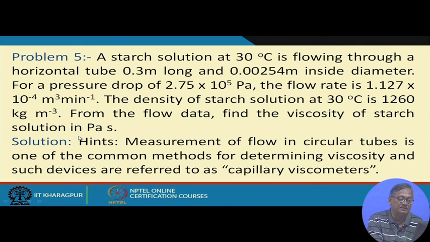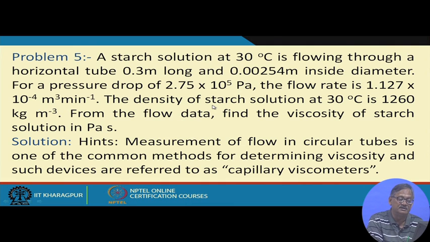I repeat, a starch solution at 30 degree centigrade is flowing through a horizontal tube 0.3 meter long and 0.00254 meter inside diameter. For a pressure drop of 2.75 into 10 to the 5 Pascal, the flow rate is 1.127 10 to the minus 4 meter cube per minute.